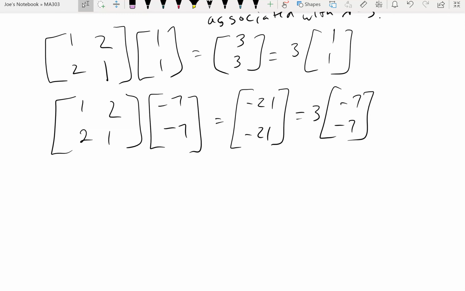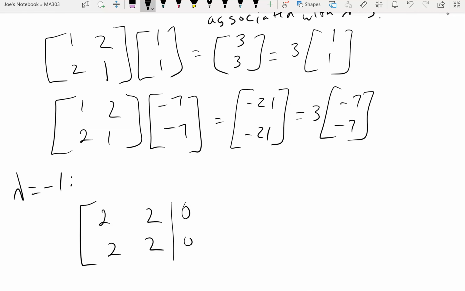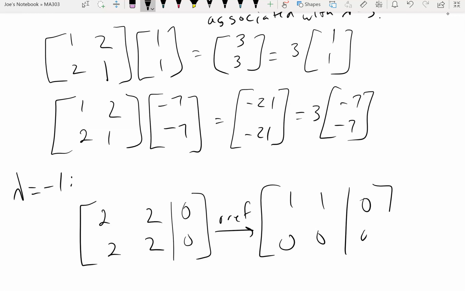All right, let's find the eigenvectors associated with lambda equals negative 1. If we put in negative 1, the matrix becomes [2, 2; 2, 2], doesn't it? If you row reduce that, you get that matrix.